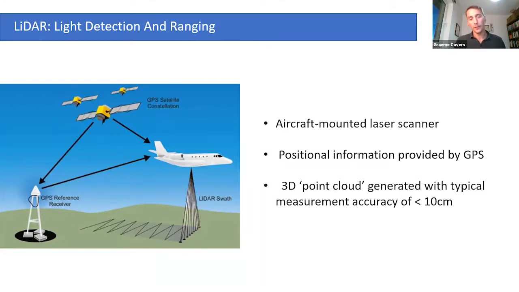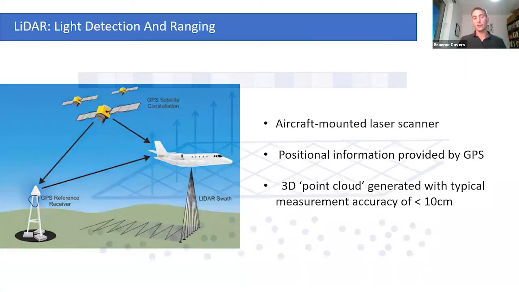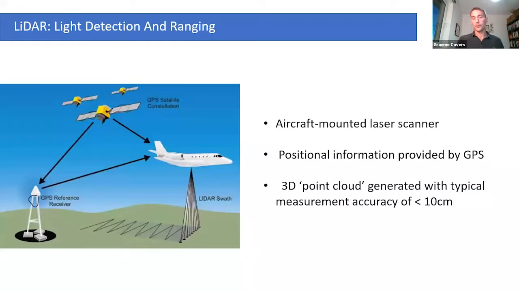Basically, it's a type of laser scanning where the laser scanner is mounted on an aircraft, and that aircraft flies in systematic swathes up and down the landscape, taking thousands of measurements per second of the landscape. It's scanning the ground surface as it moves along.